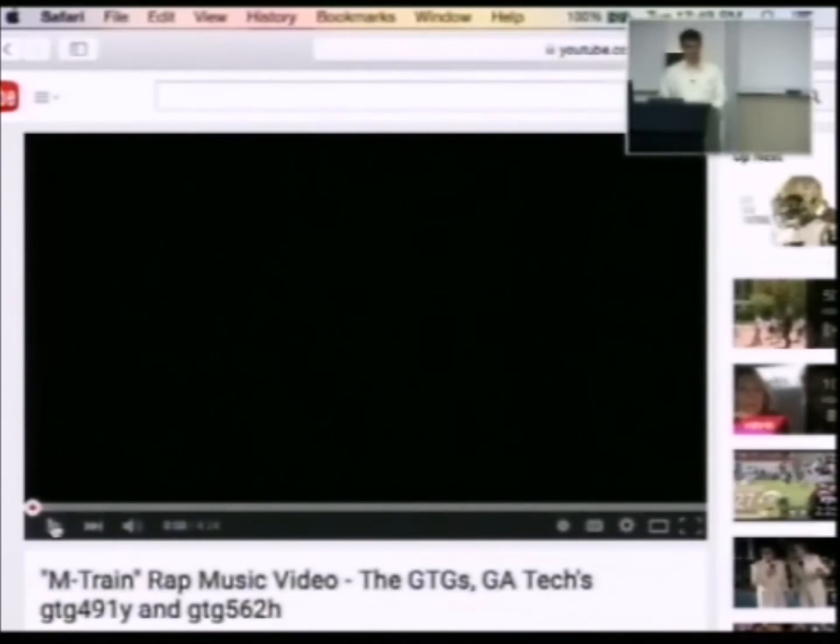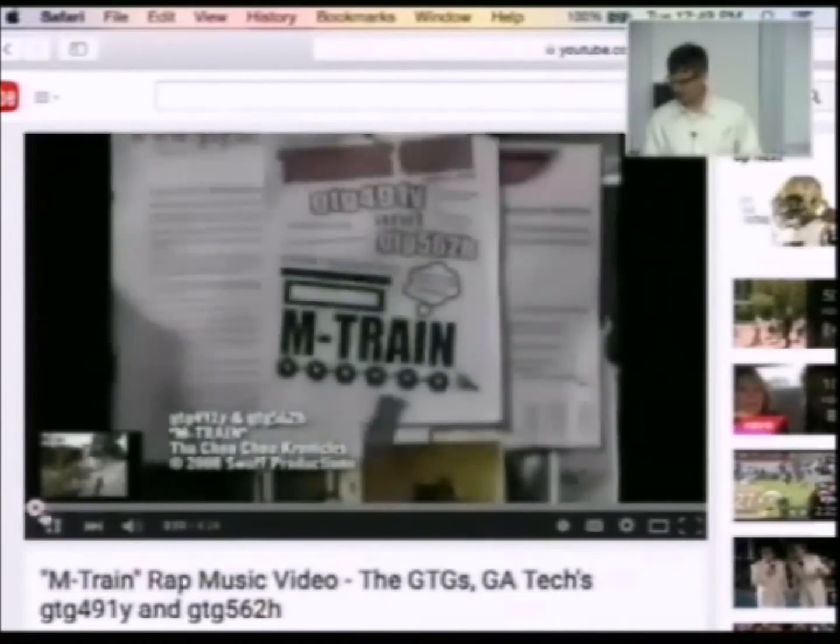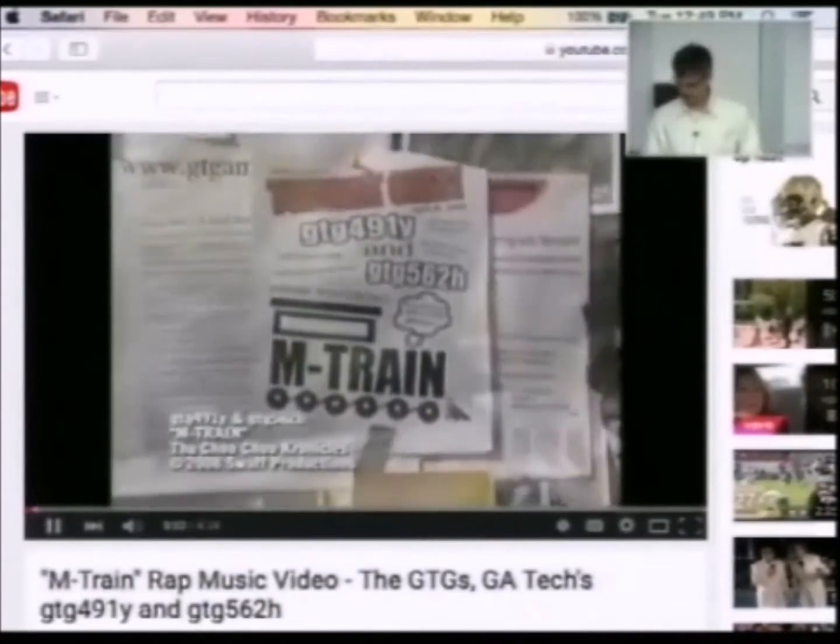One of them that got a lot of airplay among the students was called The M Train. It's basically a video about how engineers should drop out of the engineering program and go into management, which became known as taking the M train at Georgia Tech. So you probably heard that expression. Did you do your undergraduate here? Okay, yeah.